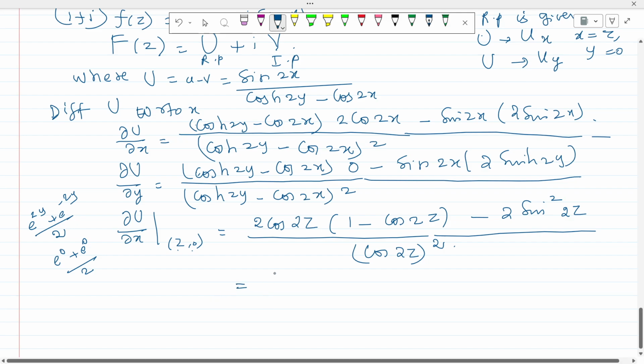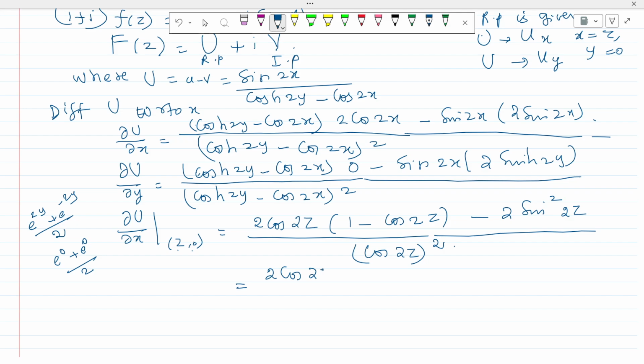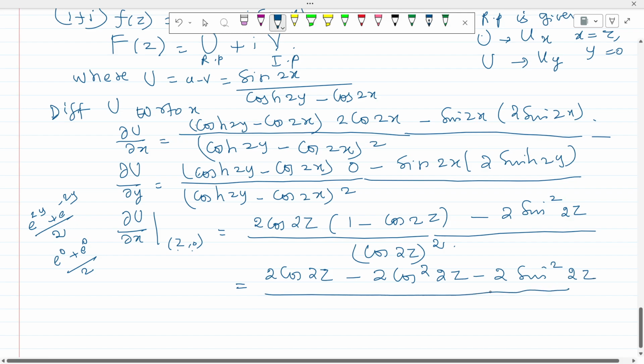Then simplify this. 2 cos 2z minus 2 cos square 2z minus 2 sin square 2z divided by cos 2z whole square.